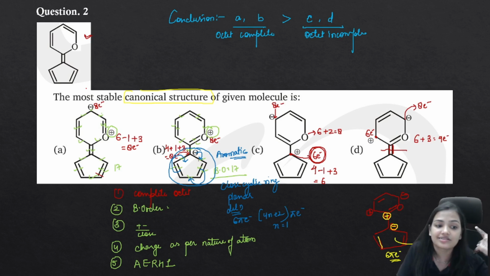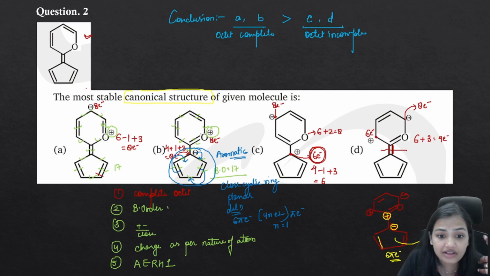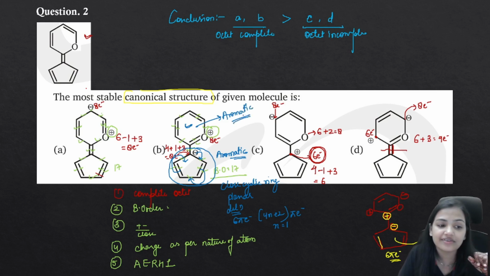So yes, this is aromatic, but is this aromatic? No. And if you see this particular ring, this is also aromatic. Why? Because here also we have a complete delocalization of pi electrons in this ring.